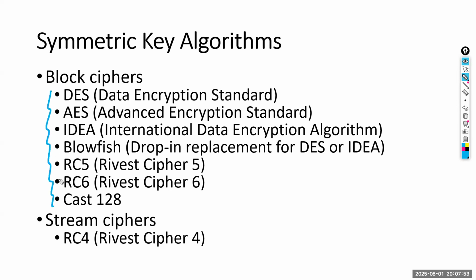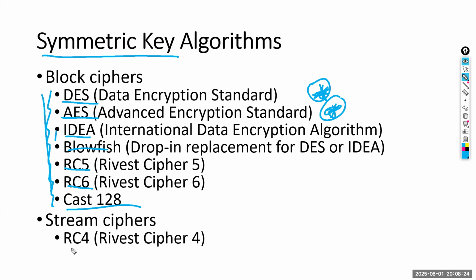You need to remember these names, and especially these two, you must be really serious about how these algorithms work because when we do past papers, you will see a lot of past paper questions. We are more interested in DES, AES. Then IDEA, Blowfish, RC5, RC6, Cast 128. Those are also some of the symmetric key block ciphers.